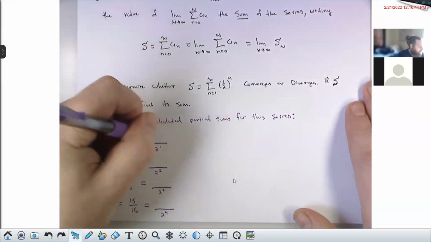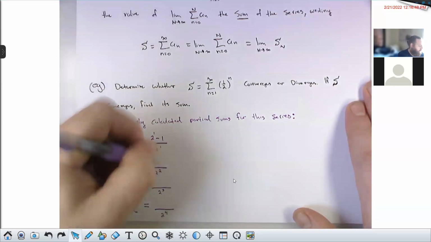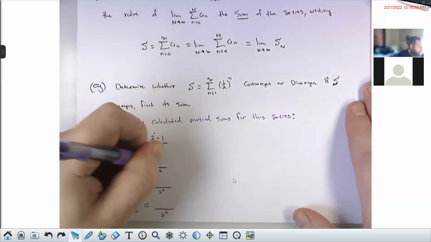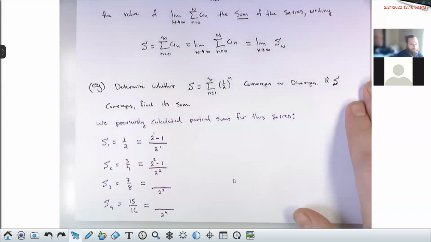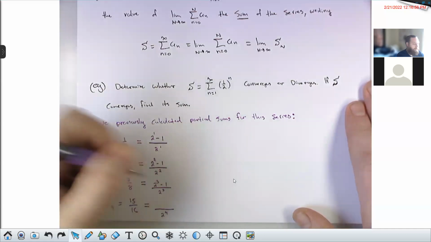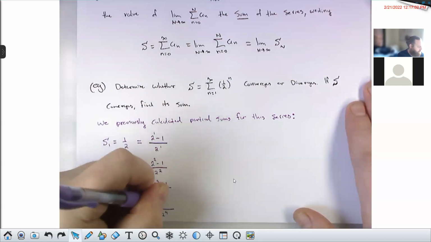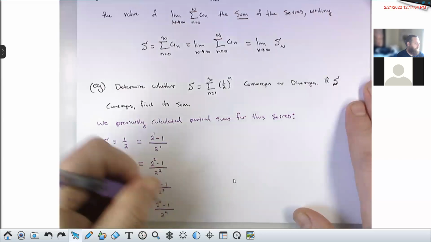So I can write this as 2 to the 1 minus 1. 3 I can write as 2 to the 2 minus 1. 7 I can write as 2 to the 3 minus 1. The minus 1 isn't in the power, obviously, it's outside. 15 is 2 to the 4, 16, minus 1.